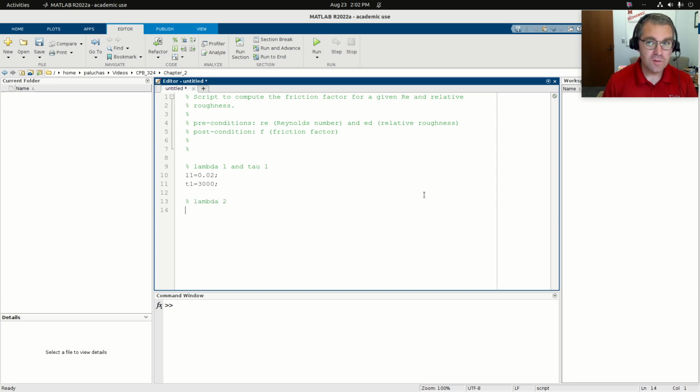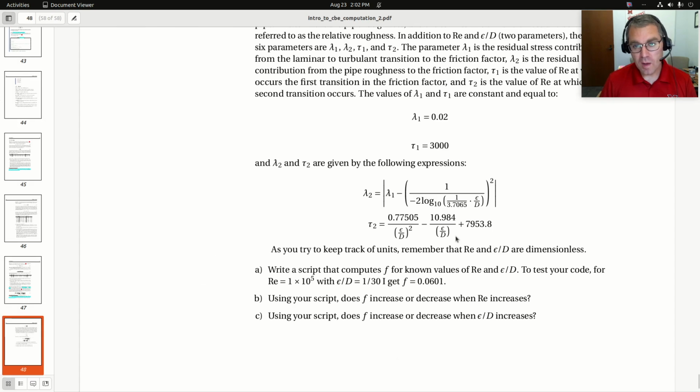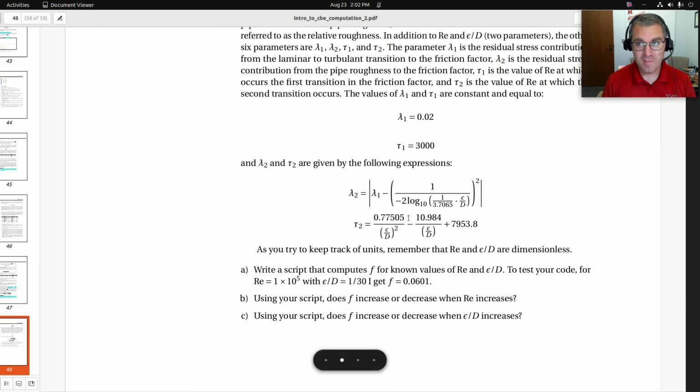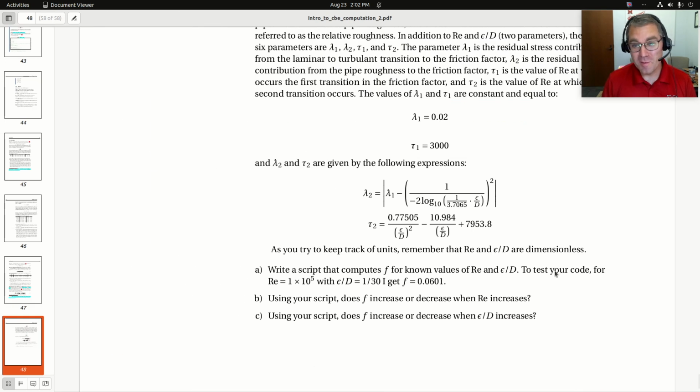Okay, so as I calculate lambda 2, I'm going to take this in steps. Let me see, how do I want to break this up? Let me start by typing up the denominator. So it's -2 log base 10 of my relative roughness divided by 3.7065, right?